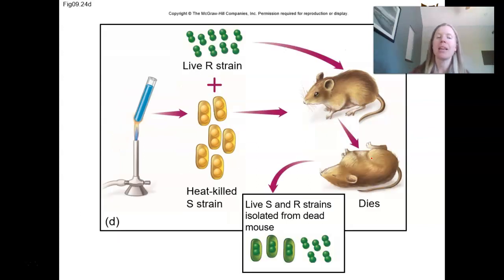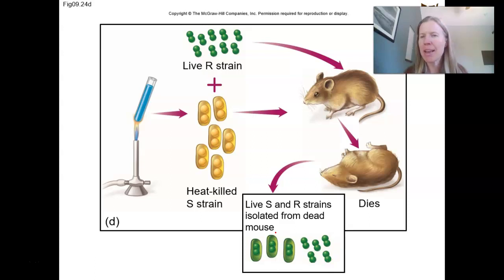Shouldn't kill them. Here's where it gets weird. If you take the live, non-pathogenic strain, one that shouldn't harm a mouse, and you mix it in a test tube with the heat-killed strain, which shouldn't kill a mouse, and then you inject it, you kill the mouse. Why? Notice what happens.